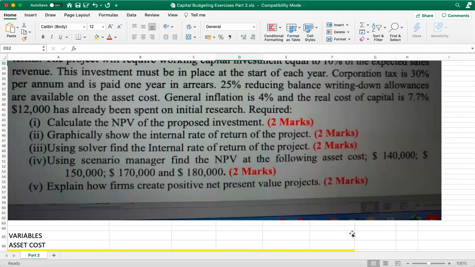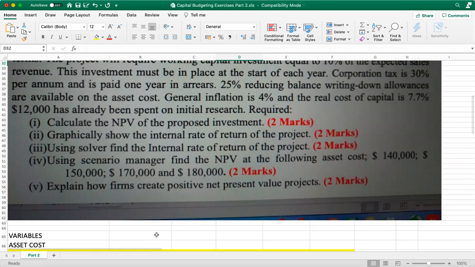We will not attempt part 5 because that is a textbook question which you can read textbooks and answer. Now, having adopted this from the ACCA exam, what was picked from ACCA is the computation of NPV. Part 2, Part 3, and Part 4 were not part of the ACCA exam.